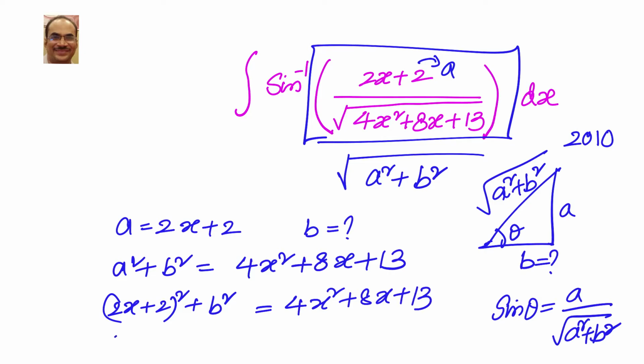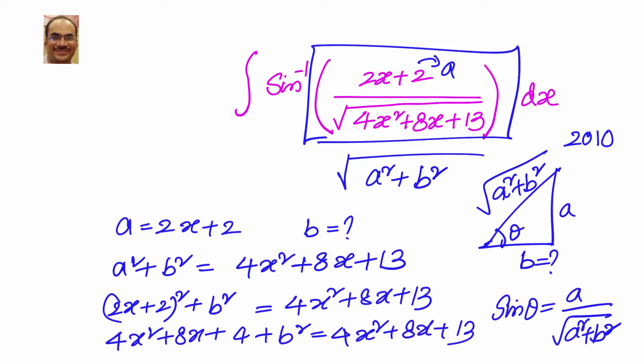Let us simplify that. We will have 4x square plus 8x plus 4 plus b square equals 4x square plus 8x plus 13. Now cancelling out 4x square and 8x, we will have b square equals 9, or b equals 3. So we understood b equals 3.